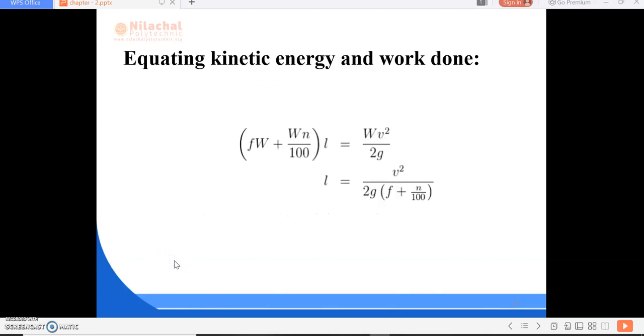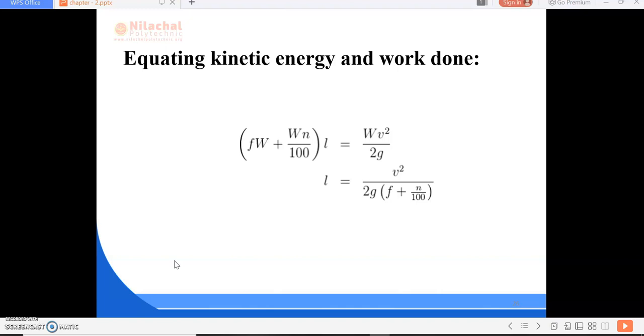Equating kinetic energy and work done, (Ff plus Wn by 100) into L equals Wv square by 2g. So when we consider gradients, L equals V square upon 2g whole into (f plus n by 100), because here we are considering the slope in percentage.